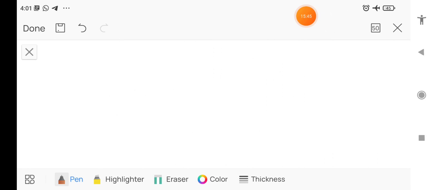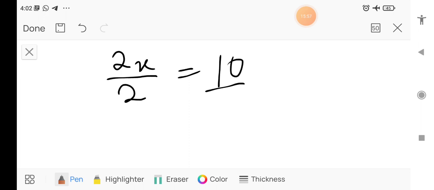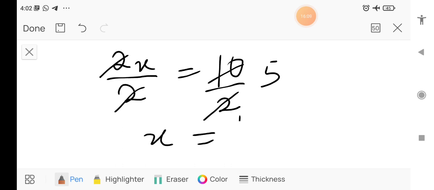So when we divide both sides by 2, we will have 2x divided by 2 equals 10 divided by 2. So that's when we divide both sides, we have 5. Therefore, x will be equal to 5. And that's plus 5.